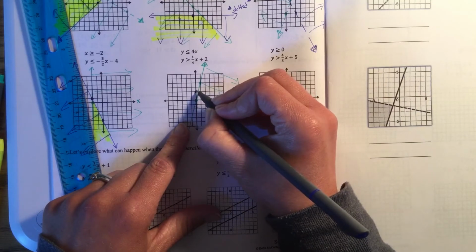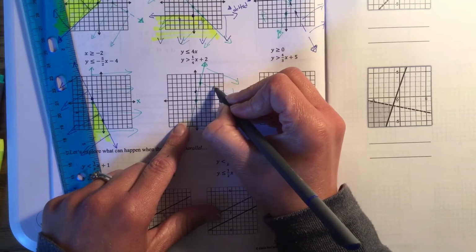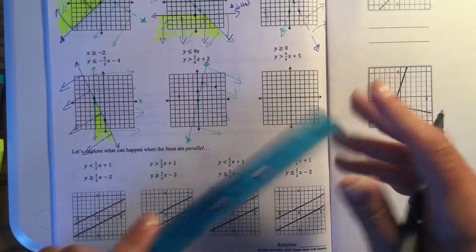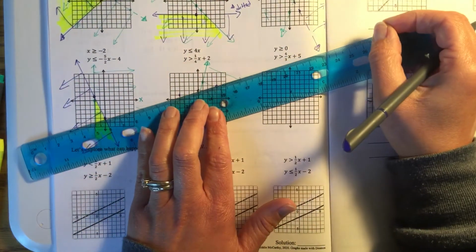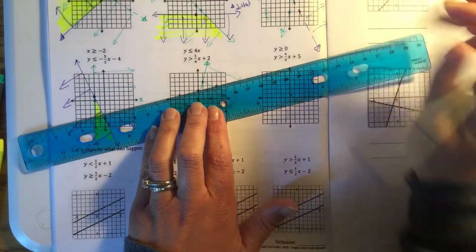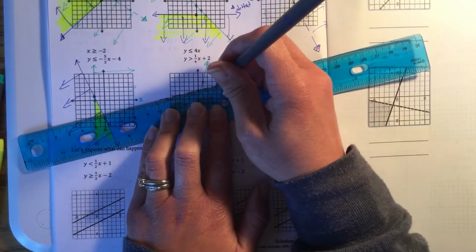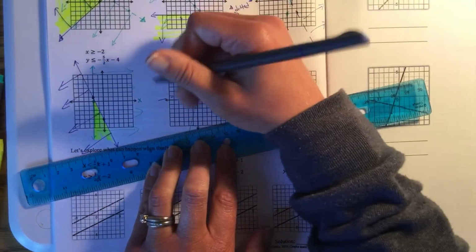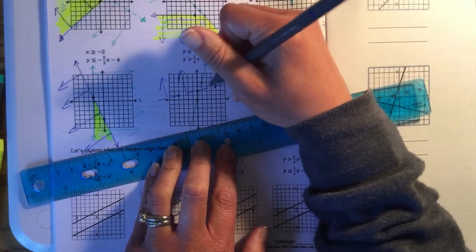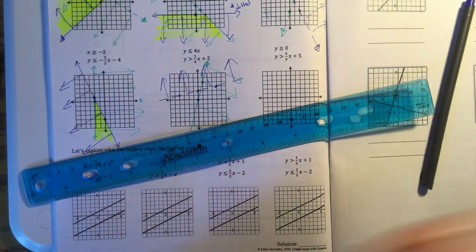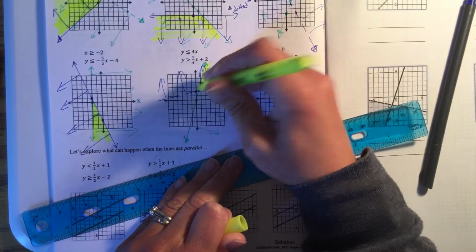My slope is +1/4, so up 1 over 4, down 1 over 4. And then it says it's greater than this, and this is a dotted line. So dash, dash, dash, dash, and it's greater than, so I'm going to go above. Okay, where's the region that they share? This little wedge right here.